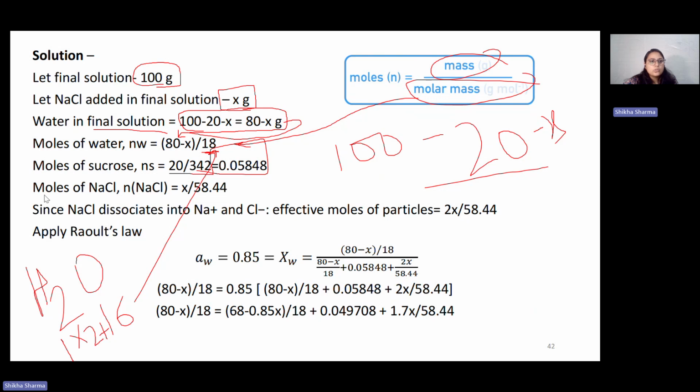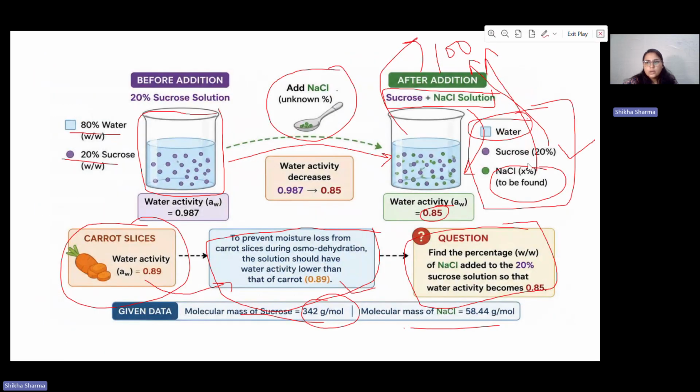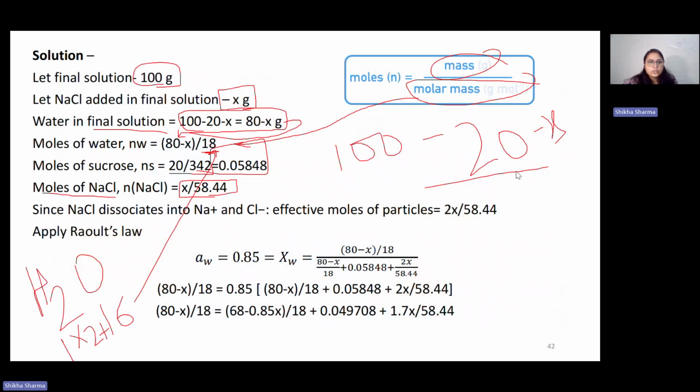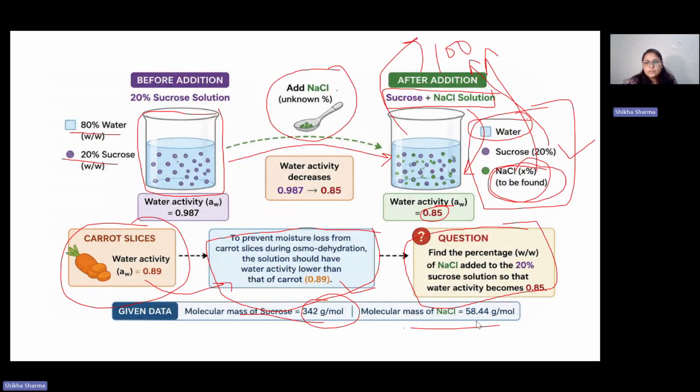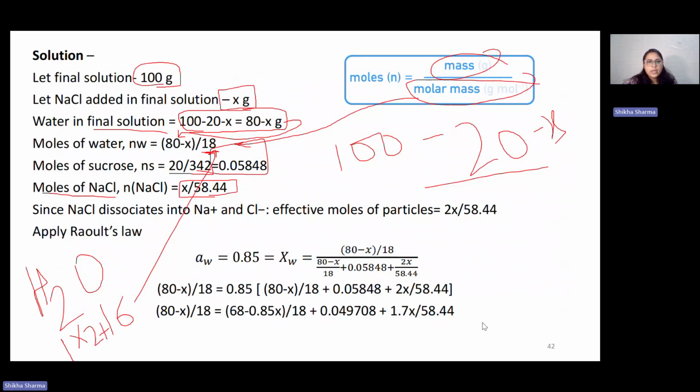0.05848. Now moles of NaCl would be X gram of the NaCl that is there in the final solution, and its molar mass is 58.44. So X divided by 58.44. So we have these moles of water, sucrose and NaCl now. Since NaCl is basically dissociated into Na plus and Cl minus, the effective moles of the particles would be multiplied by 2.